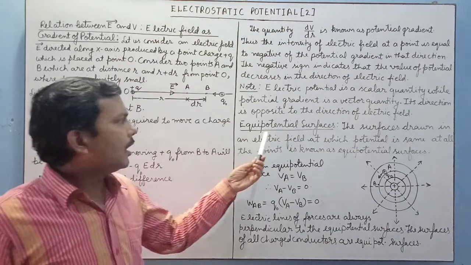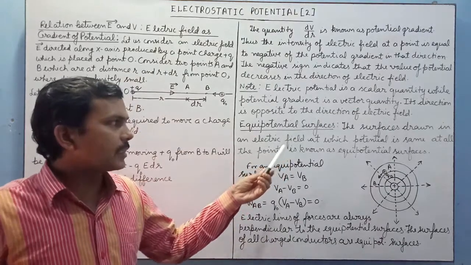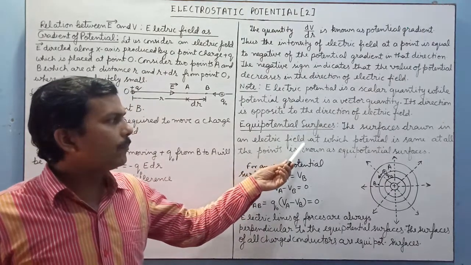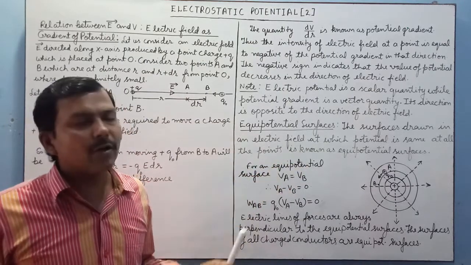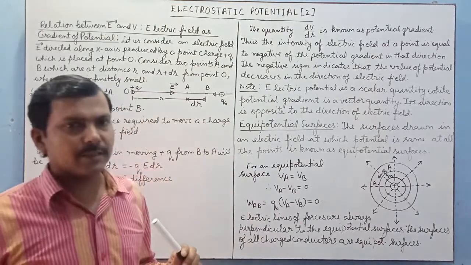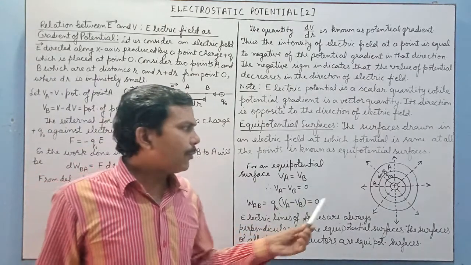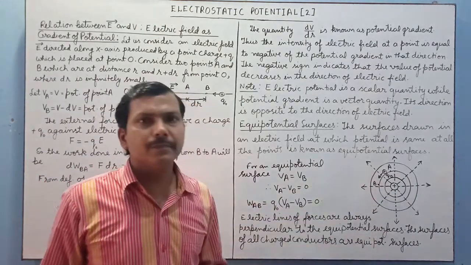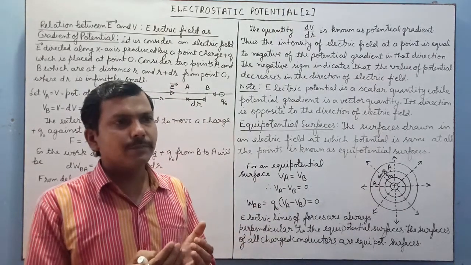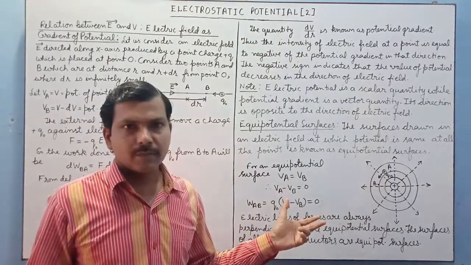Next is equipotential surfaces. The surfaces drawn in an electric field at which potential is the same at all the points are known as equipotential surfaces. Example, let us consider a positive charge. Now we draw a spherical surface around this charge of different radius.